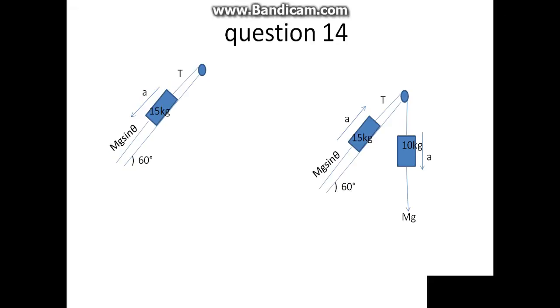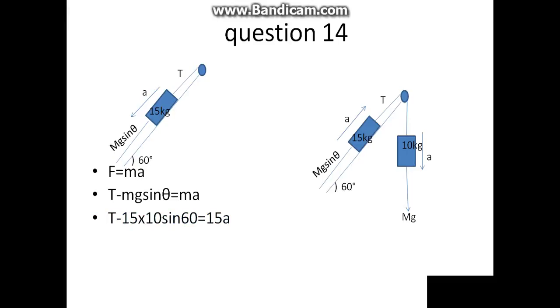Then force is equal to ma. The tension, which will now be less than the force of gravity mg sin theta, so mg sin theta minus the tension gives ma. Then 15 times 10 sin 60 minus T will give us 15, which is the mass, times acceleration.